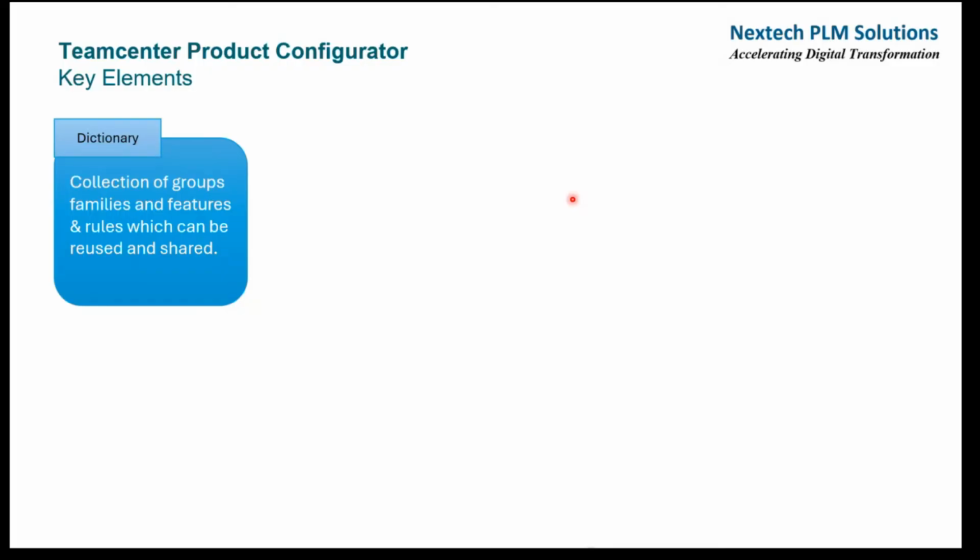As a manufacturer, let's say you are manufacturing cars or vehicles, you may have all those common features defined in the dictionary. You can have a global dictionary, as well as product specific dictionaries. And then all those common features which you have defined in dictionaries, you will use in respective products.